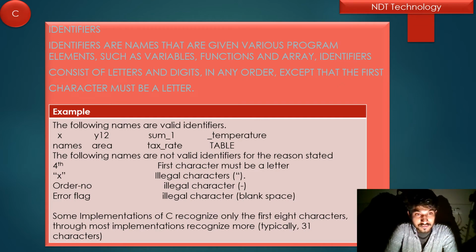Alright. So some implementations of C recognize only the first 8 characters, but most implementations recognize more, typically 31 to 32 characters. And so on. This hierarchy will keep moving on when versions are more enhanced.